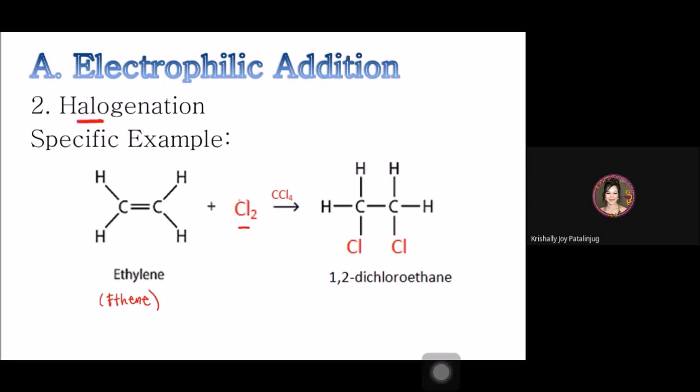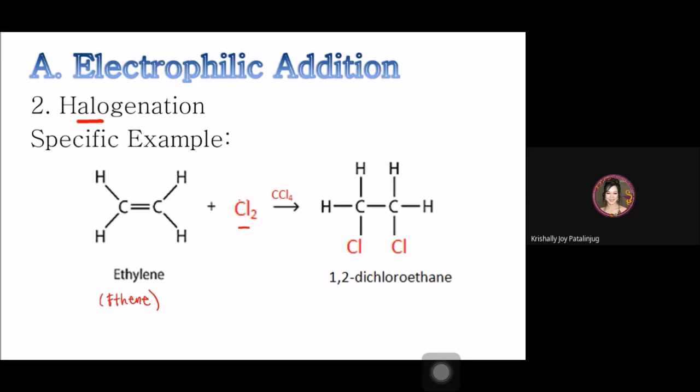And again, halogenation reaction proceeds in the presence of inert solvents. We have two kinds of inert solvent: the chlorine or halogen-containing inert solvent, or water. In this reaction, the solvent used is carbon tetrachloride, so obviously you will produce a vicinal dihalide.